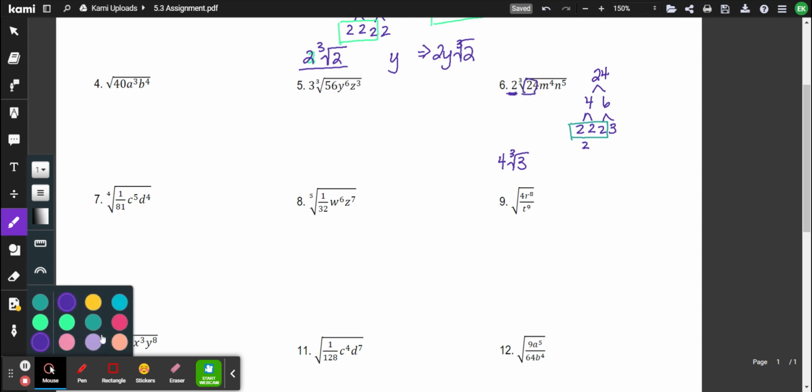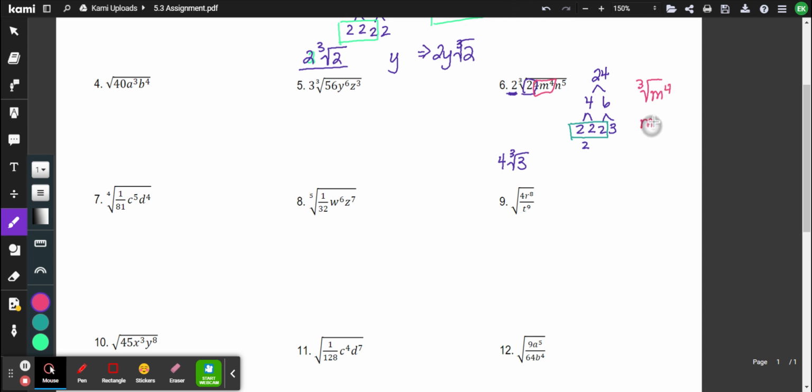Now I'm going to look at the m to the 4th, and I'm going to do the same thing, okay? So the cubed root of m to the 4th means that I have 1, 2, 3, 4 m's, and I'm looking for a group of 3. Well, there's 3, which means that I have 1 m outside because I had one group, but I still have this little guy that's left inside.